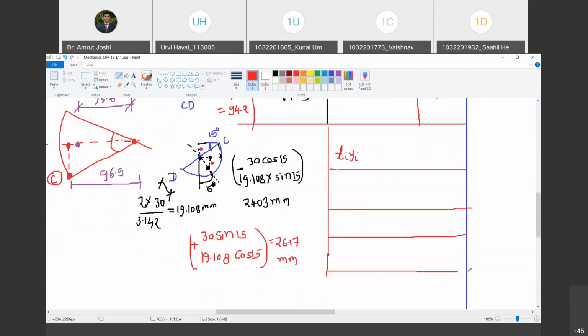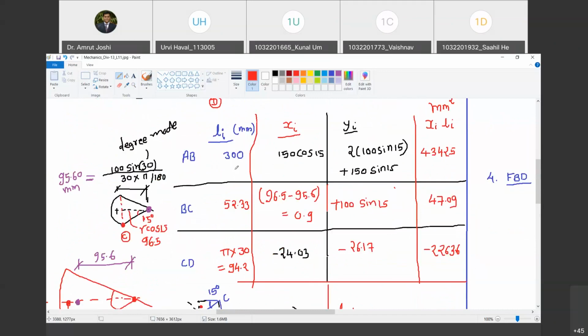First calculate 2 into 100 sin 15 plus 150 sin 15. How much is that? 90.3.